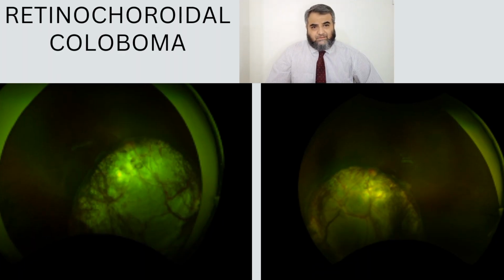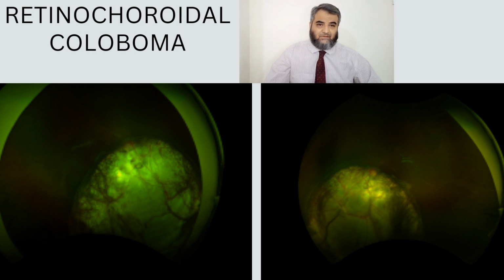In these fundus photographs, as the patient has bilateral iris colobomas, in the right and left fundus photographs we can see chorioretinal colobomas. Colobomas in the retina and choroid mean that the retina and choroid have not properly fused together. There is a deformity in the formation, and in simple language, I can say a crater has been formed there.